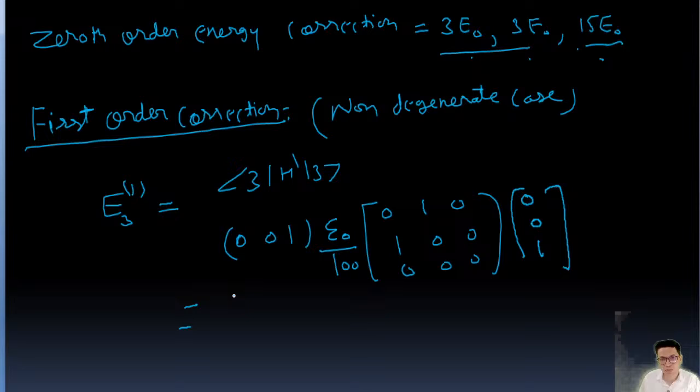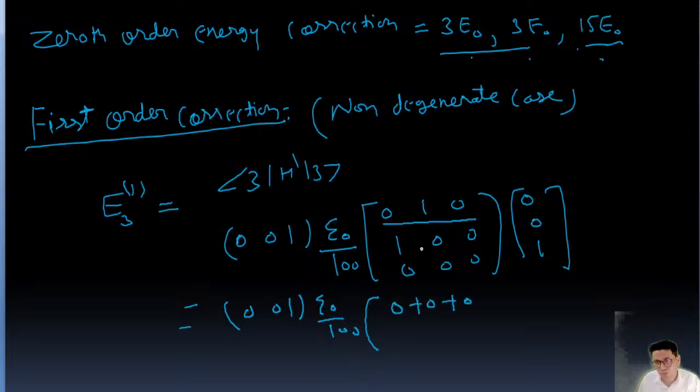So this is going to be epsilon upon 100, and (0 0 1). I'll solve this, and we know matrix multiplication. So this is going to be 0 plus 0 plus 0, this row with this column. Again 0 plus 0 plus 0, and this one is 0 plus 0 plus 0.